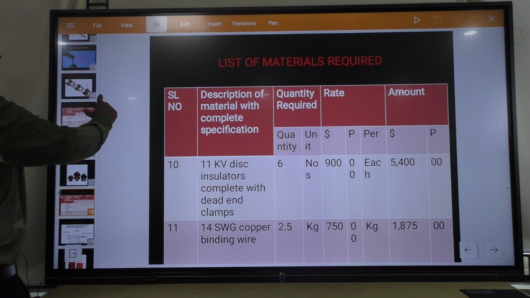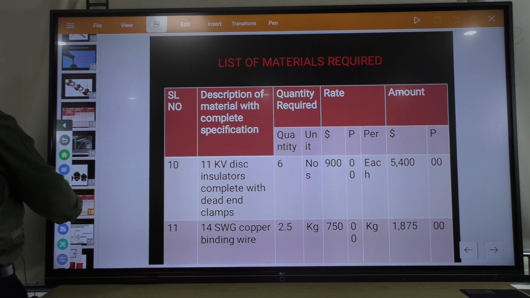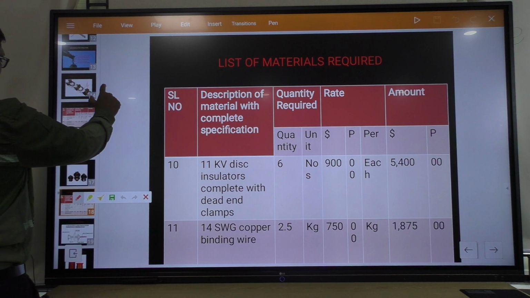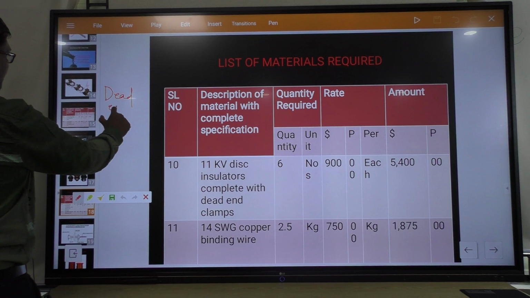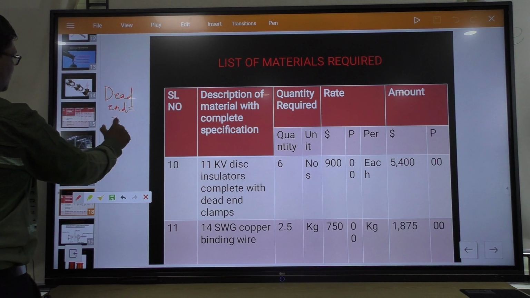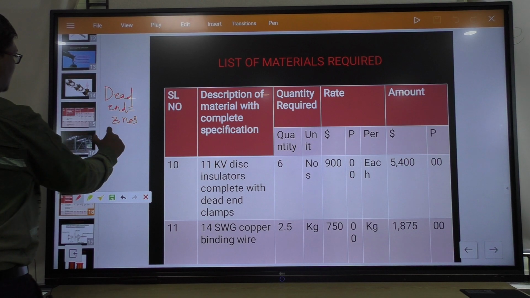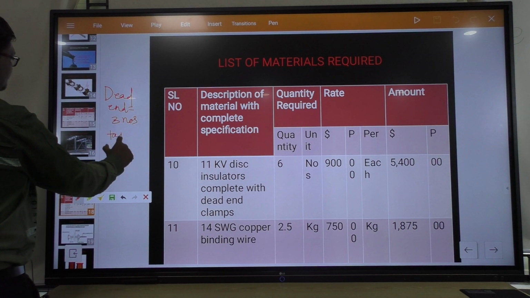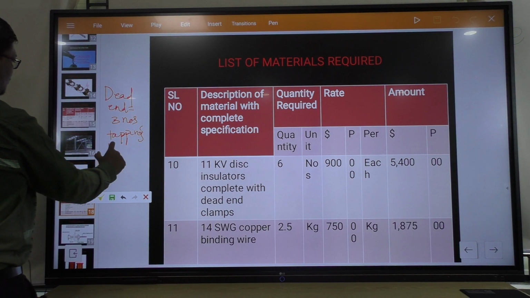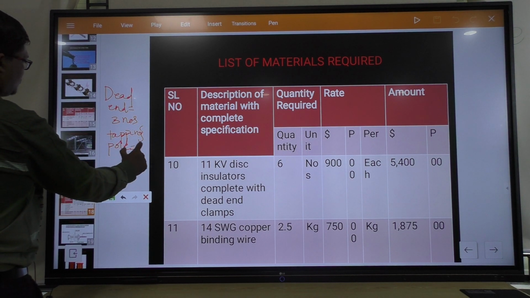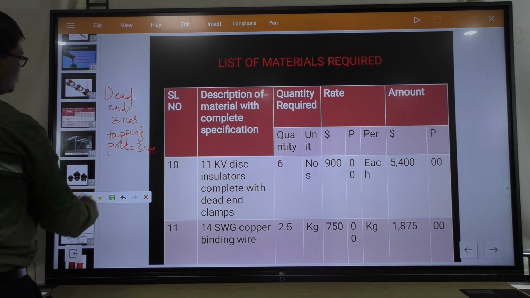For dead end, it is equal to 3 numbers, and for tapping pole it is equal to 3 numbers.